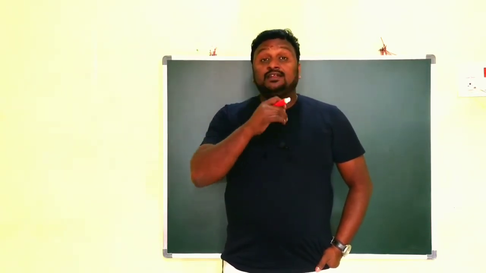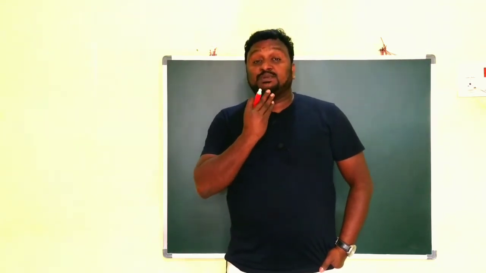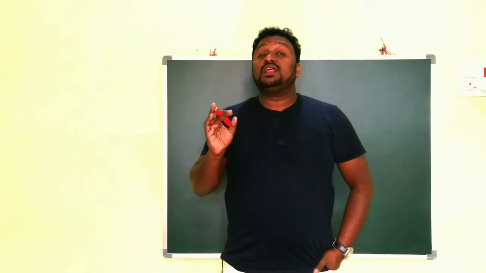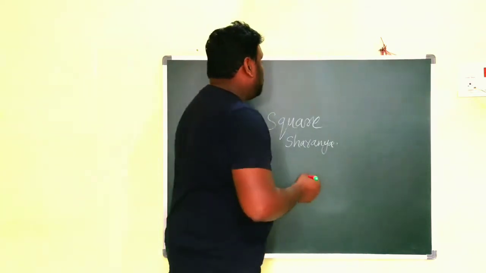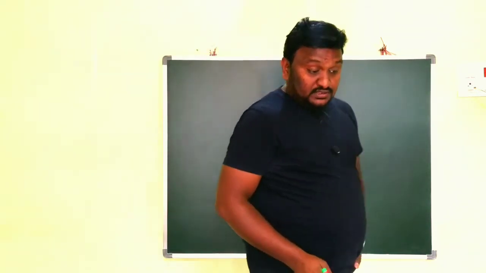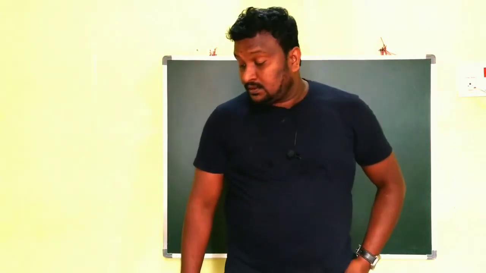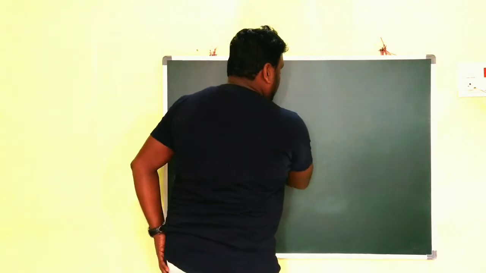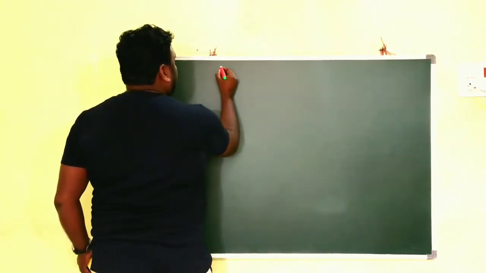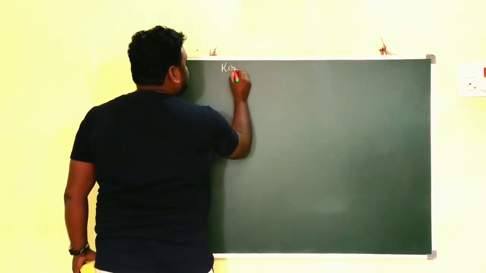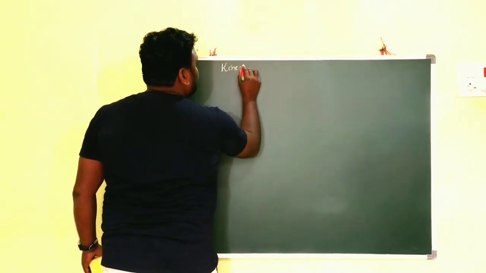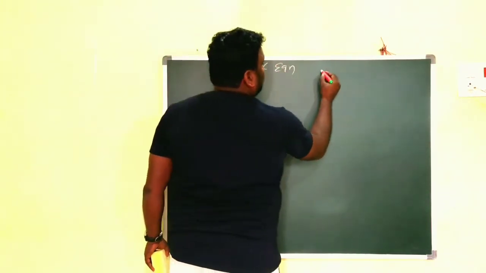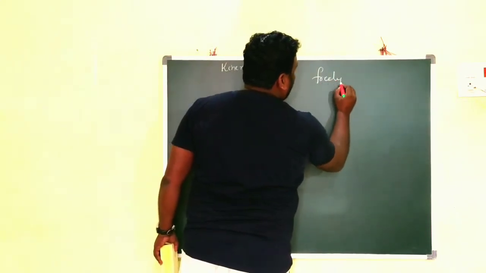So in this class I am going to explain the kinematic equations in the case of a freely falling body. So you have to watch the video very carefully. Here, kinematic equations in the case of a freely falling body.